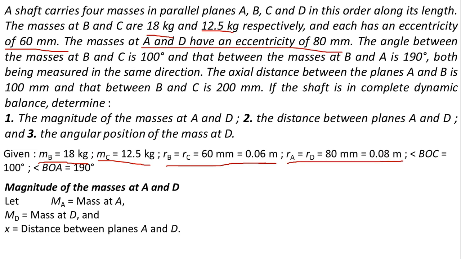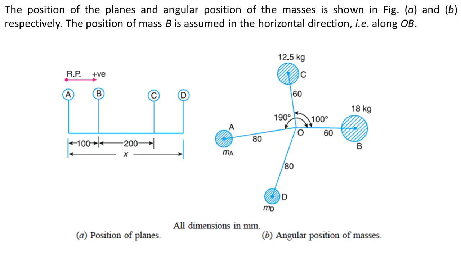The angle BOC is given as 100 degrees, and between B and A is 190 degrees, so BOA is 190. First we'll start with the magnitude of masses at A and D. Let us take MA as the mass at A and MD as the mass at D, and X be the distance between A and D. These things you have to find out.